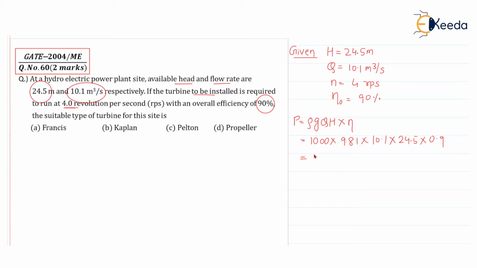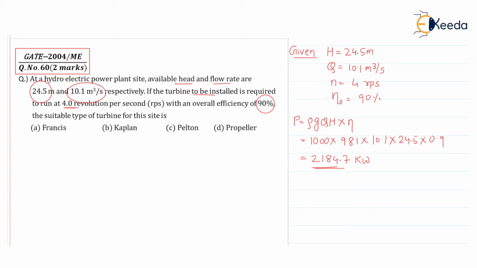From this equation we get the value of power equal to 2184.7 kilowatt. First you get it in watt, then convert into kilowatt.